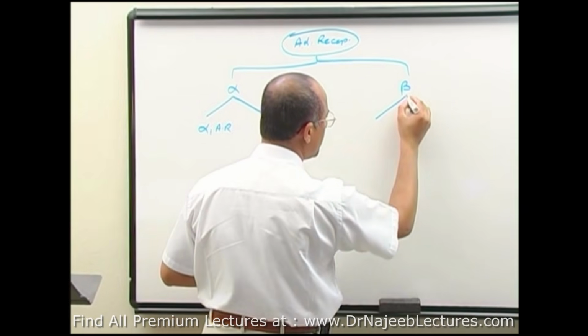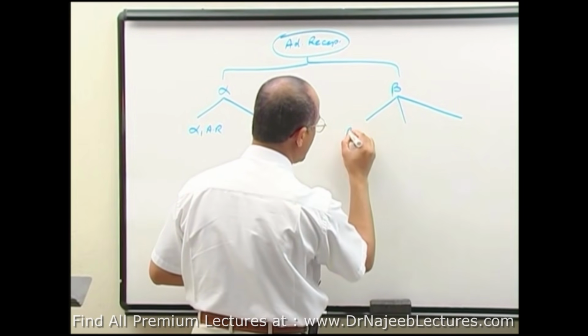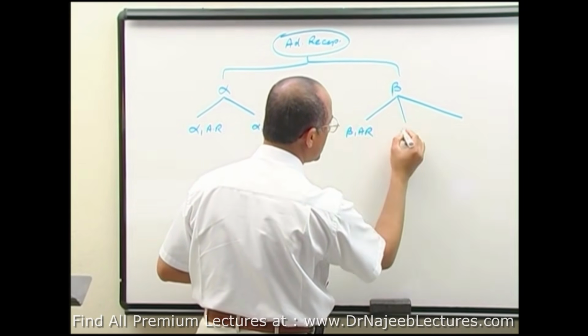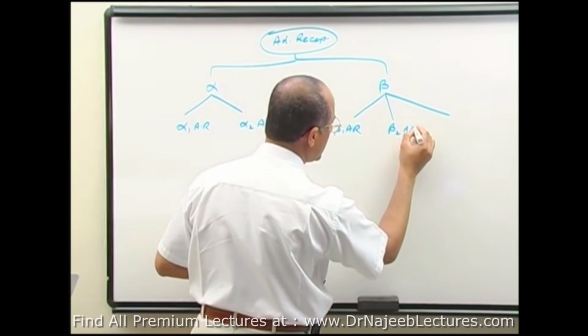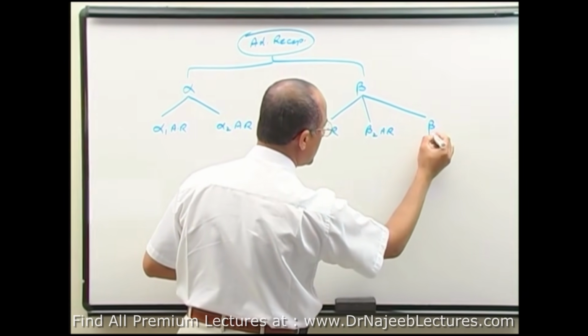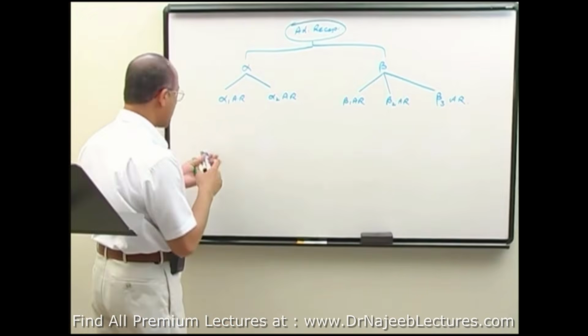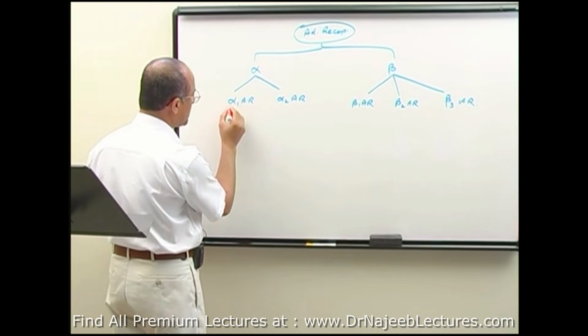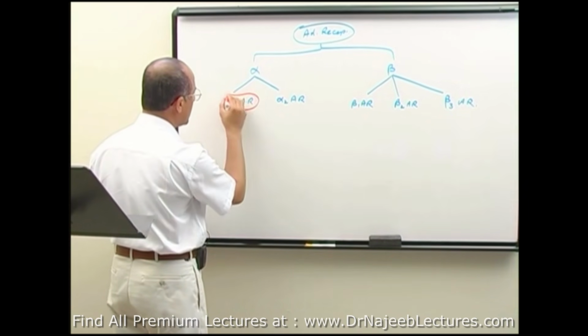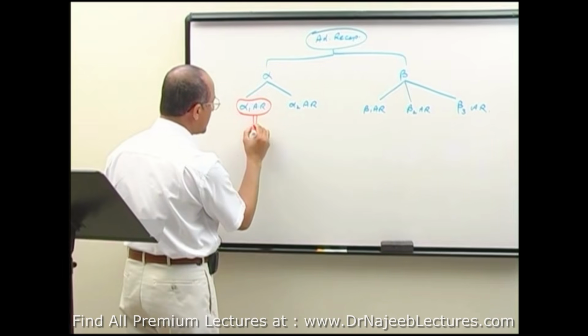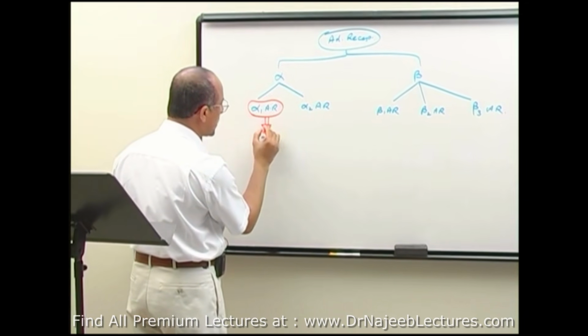Beta are divided into beta 1 adrenergic receptors, beta 2 adrenergic receptors, and beta 3 adrenergic receptors. Now, alpha 1 adrenergic receptors are coupled intracellularly with which type of G protein?